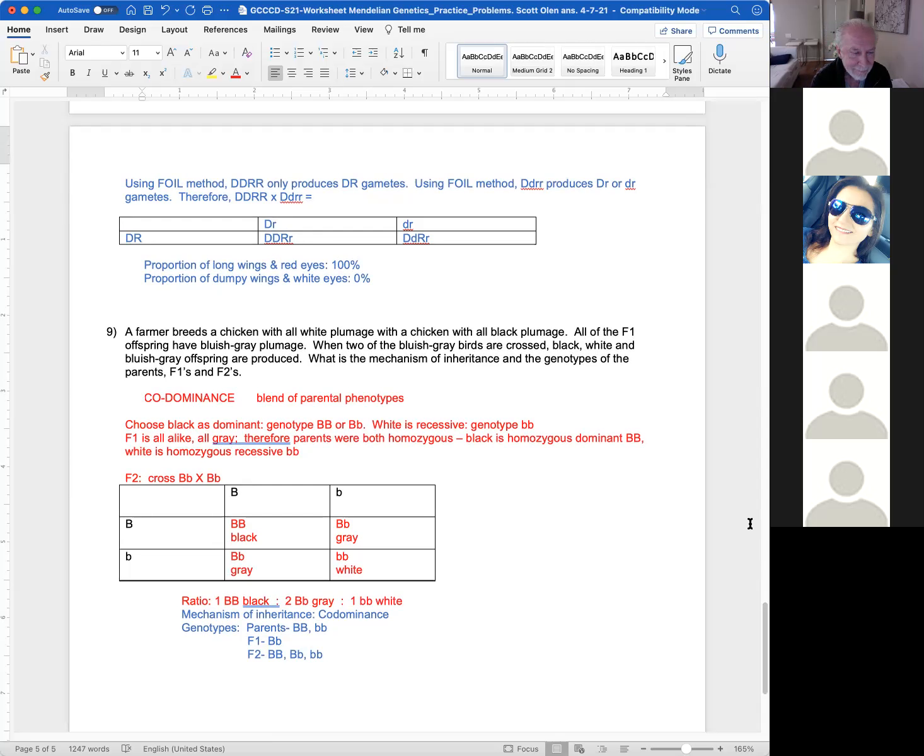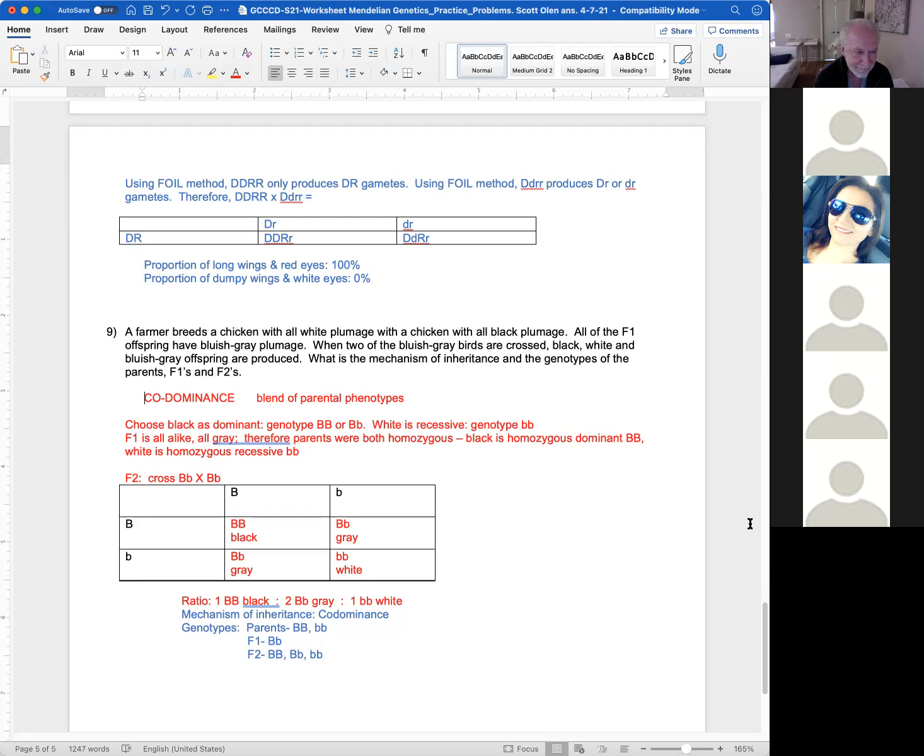All of the F1 offspring have bluish gray plumage. So they're neither white nor black. When 2 of the bluish gray birds are crossed, black, white, and bluish gray offspring are produced. What is the mechanism of inheritance and the genotypes of the parents, the F1s, and the F2s?